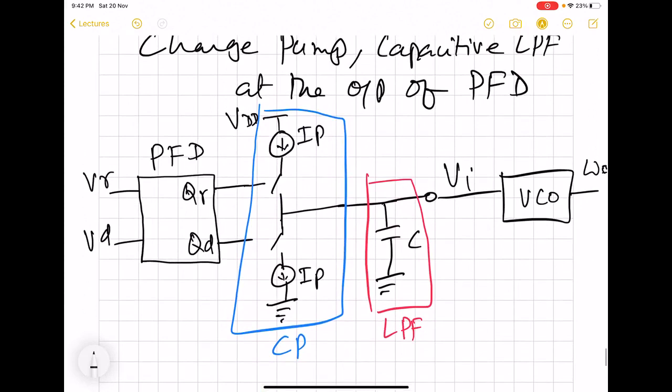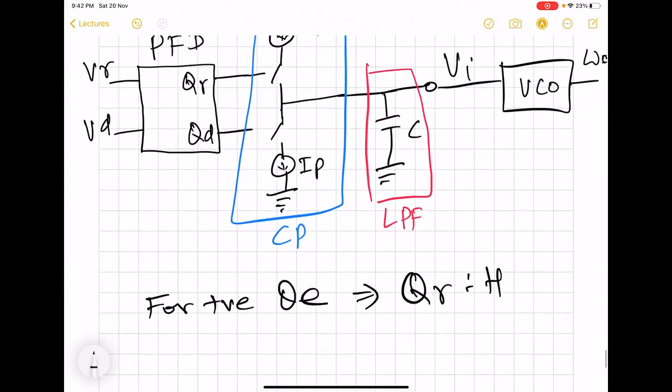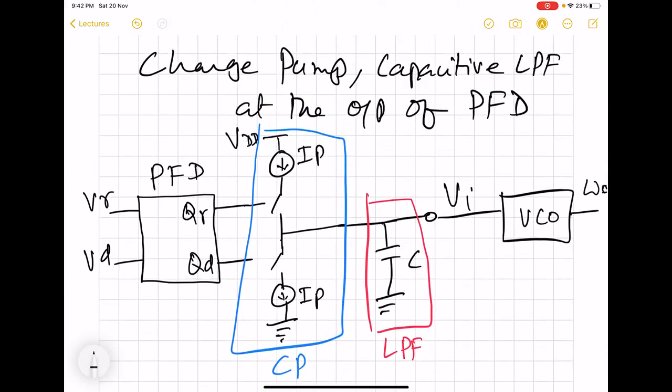We saw that whenever a positive phase error occurs, for positive theta E, QR is high for a duration proportional to the phase error, and QD is low. So for this case, this switch will be closed while this is on and this is going to be off.